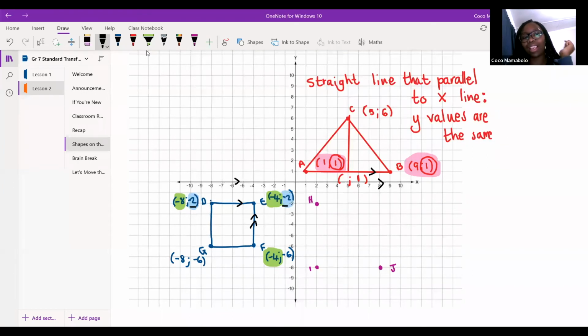Is it going to be the X line or the Y line? This would be the X line. And I'm talking about this one over here, the one that goes up and down. Which line is it going to be parallel to? Excellent, Nokwezi. Where is the negative on D?